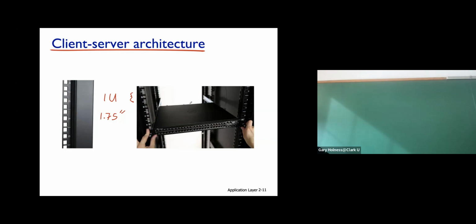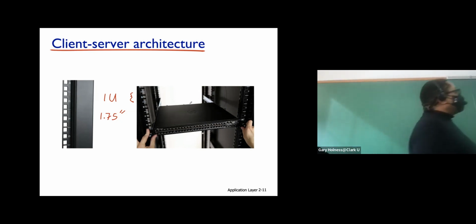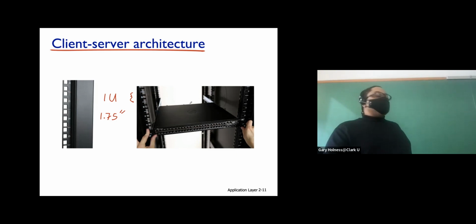And the reason for that is because if you have many thousands of these things in a data center, a collection of these servers, and you're going to maintain them, you want to make it easy to access them and do whatever maintenance you might need to as part of their regular operations. Does that make sense? Any questions?